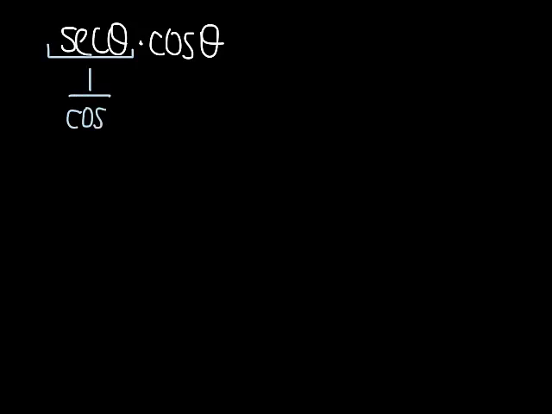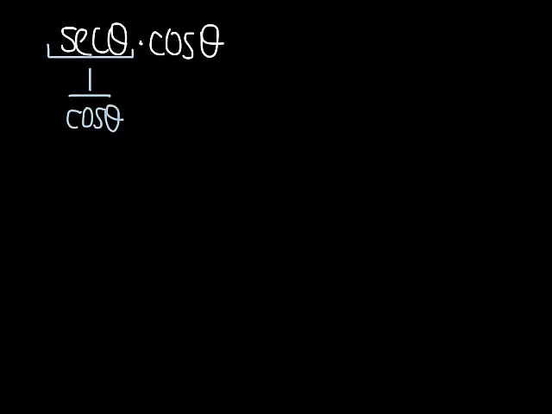Let's say I wanted to simplify secant theta times cosine of theta. Now it's always best to leave sine and cosine alone if you see them in the expression. But secant, we know from the previous slide that secant can be written as 1 over cosine.